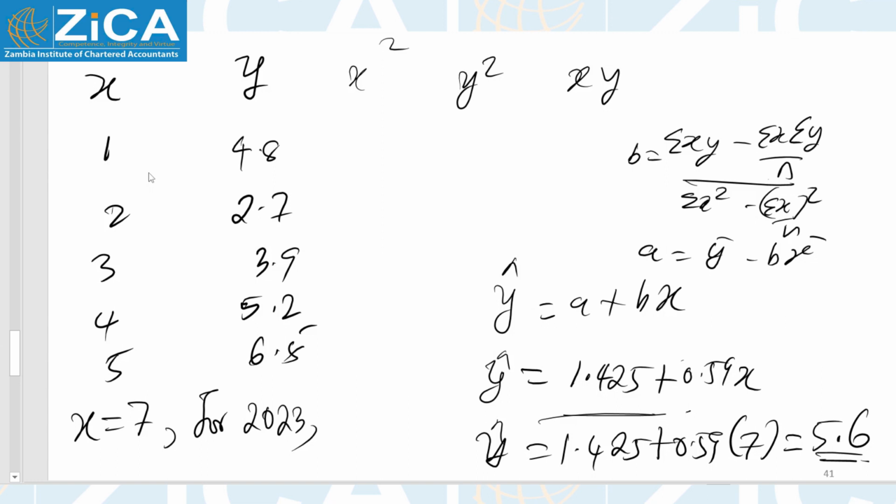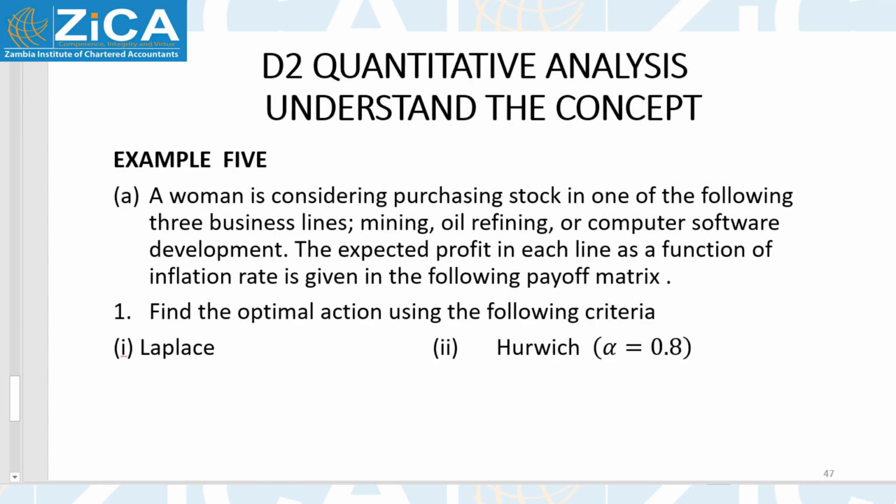The other problem which continues, in terms of not understanding the concept, is on decision-making techniques. And this only concerns the people who are doing D2, decision-making. Like in this question A, a woman is considering purchasing stock in one of the following 3 businesses: mining, oil refining, or computer software development.